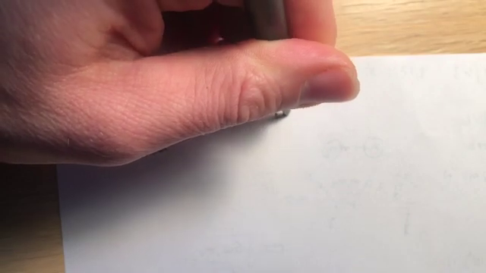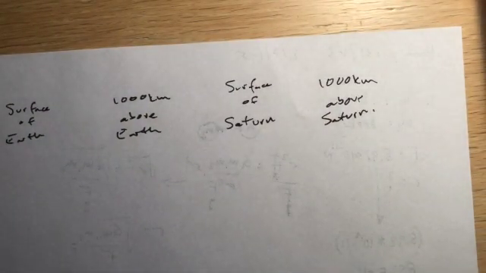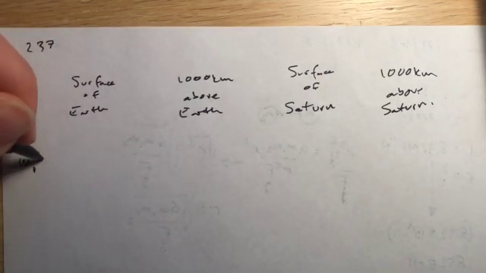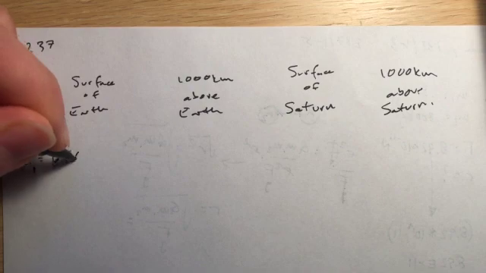Okay, so we have 4 situations. Surface of Earth, 1,000 kilometers above Earth, the surface of Saturn, and 1,000 kilometers above Saturn. And again, we're finding the weight of that person. So the mass of the person, MP, is 65.0 kilograms.